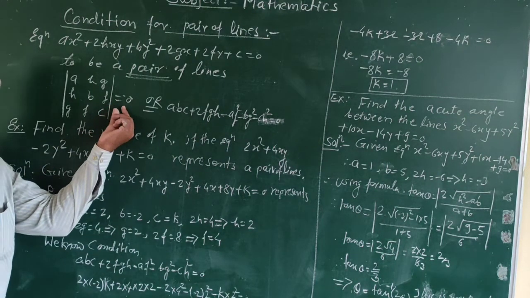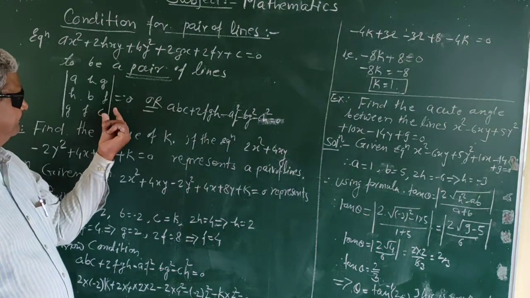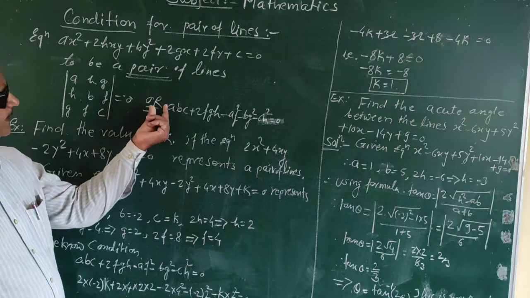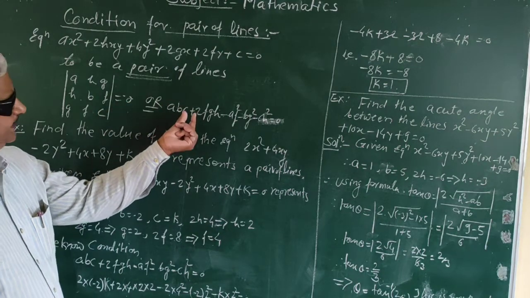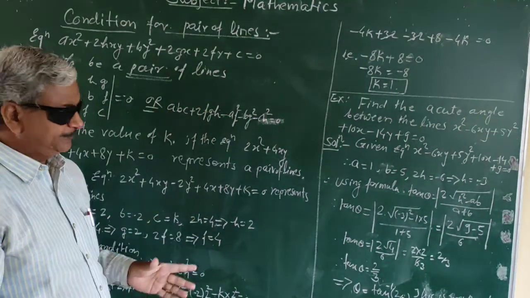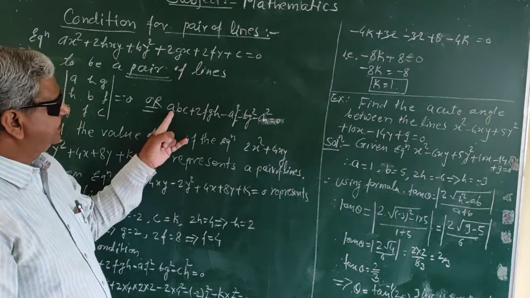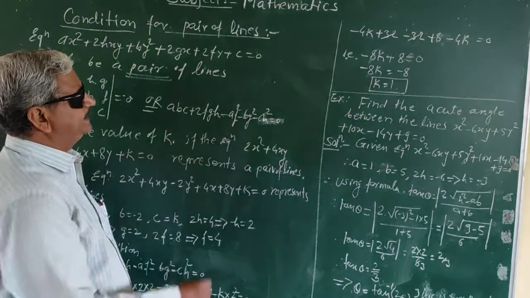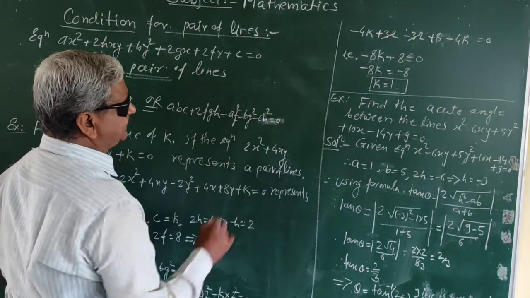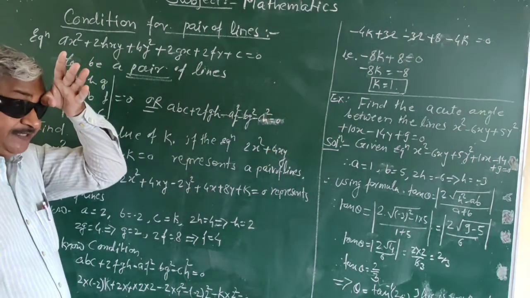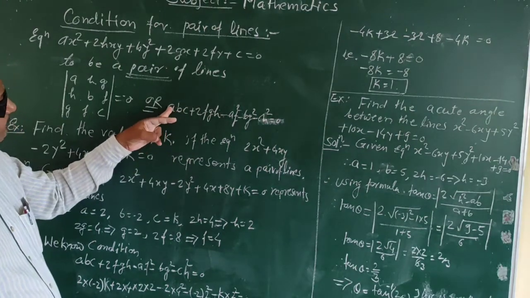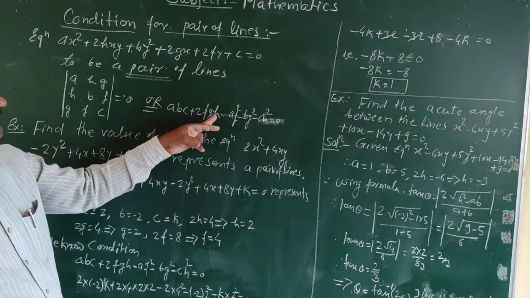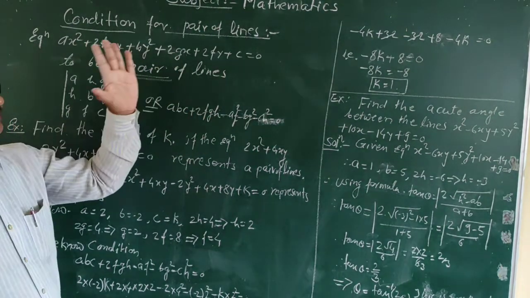If you don't remember this format, you can remember this expanded form also. This is also very easy. It is abc + 2fgh − af² − bg² − ch² = 0.